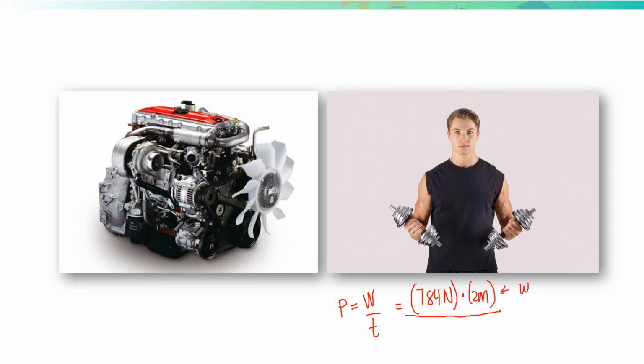And the time would be 1.8 seconds. You put that in your calculator, you're going to have 871 watts. That is now the power rating of Ben. And sobrang, that would be 1 horsepower and all.